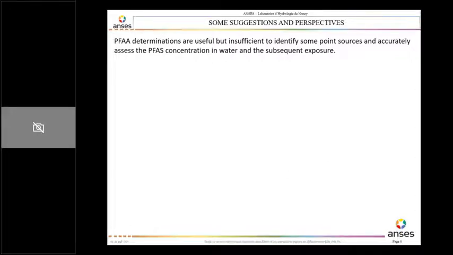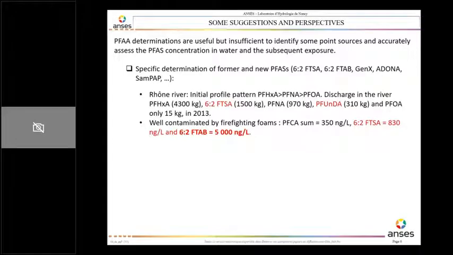So we first increased the number of PFAS we were able to detect and quantify. And at the end, we were able to analyze more than 50 PFAS. 2 examples of the interest of widening the scope of target monitoring.